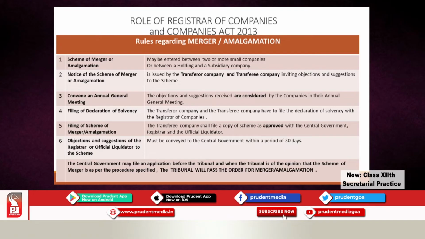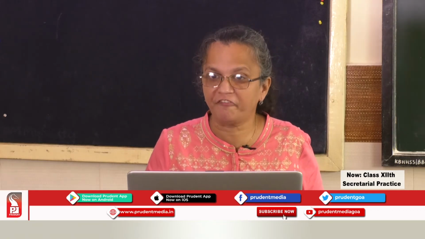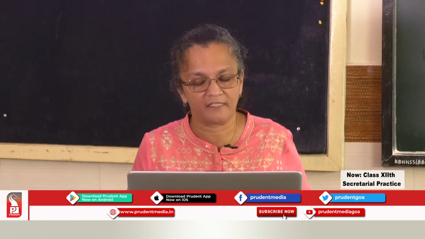Filing of the scheme of merger and amalgamation. The transferee company shall file a copy of the scheme of merger and amalgamation after it is approved by the central government, the Registrar of Companies, and the official liquidator.